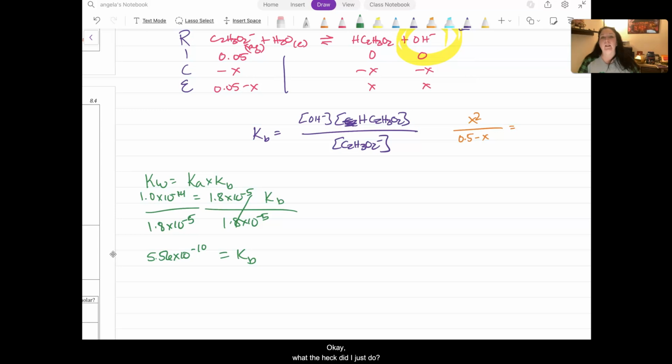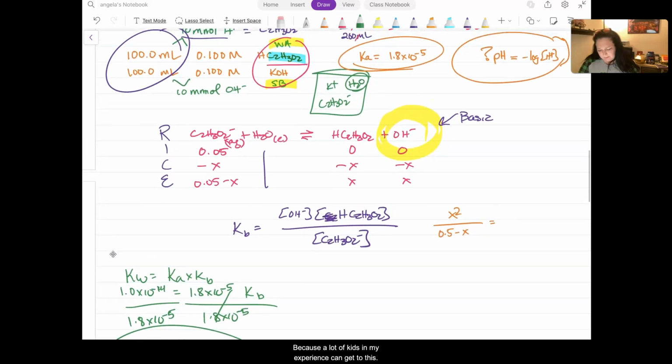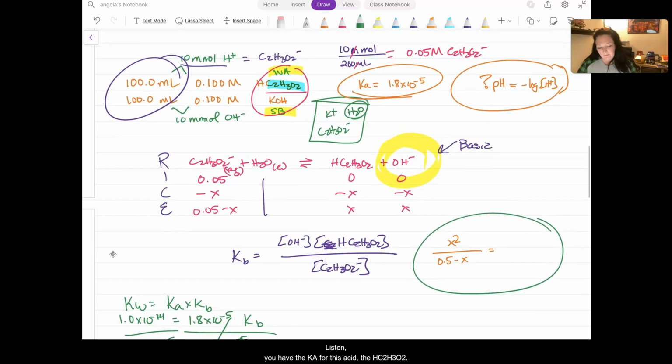Okay, what the heck did I just do? And where did that come from? Because a lot of kids, in my experience, can get to this. But then they either plug in the Ka and get it all wrong from that point, or they don't know how to get the Kb. Listen, you have the Ka for this acid, the HC2H3O2. This is its Ka value.